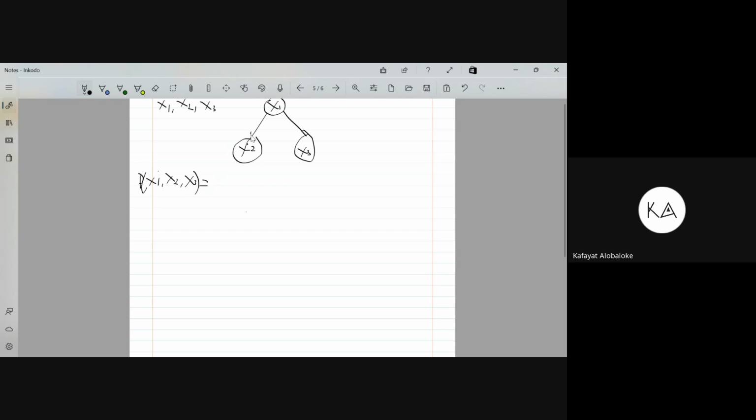Remember, these are edges and they show the direction of dependencies among the variables. The arrows matter a lot. This is a parent node because it has no dependencies. All these variables, x1, x2, and x3, are called nodes. But x1 here is the parent node, and the lines here are the edges.